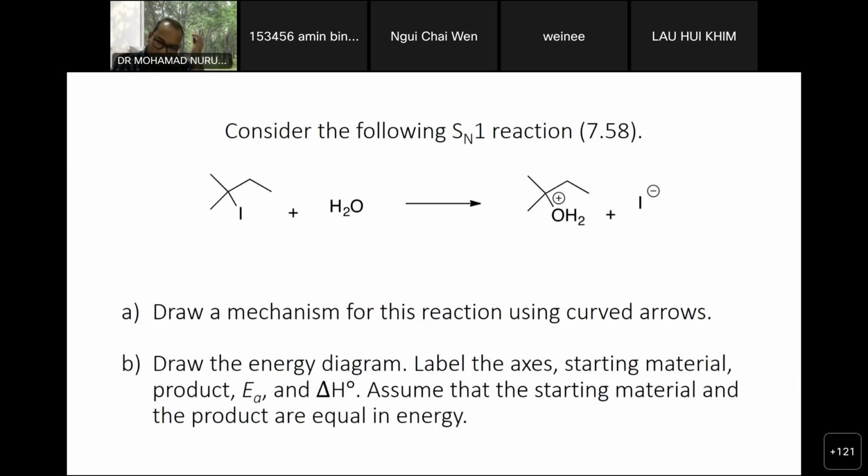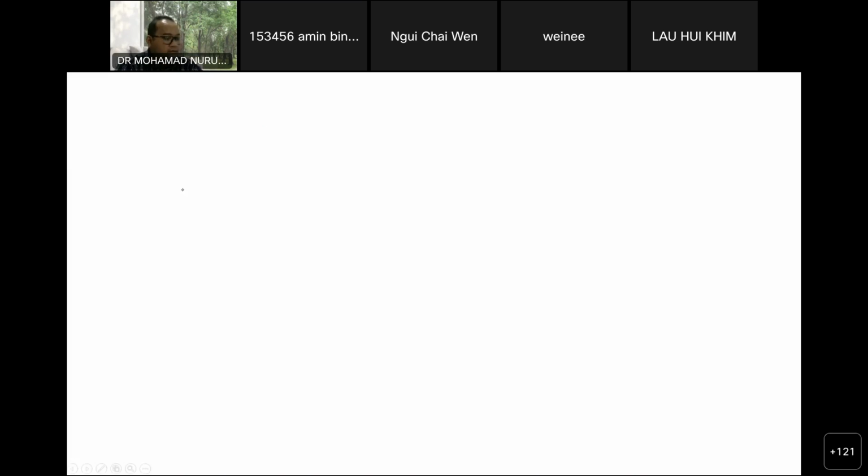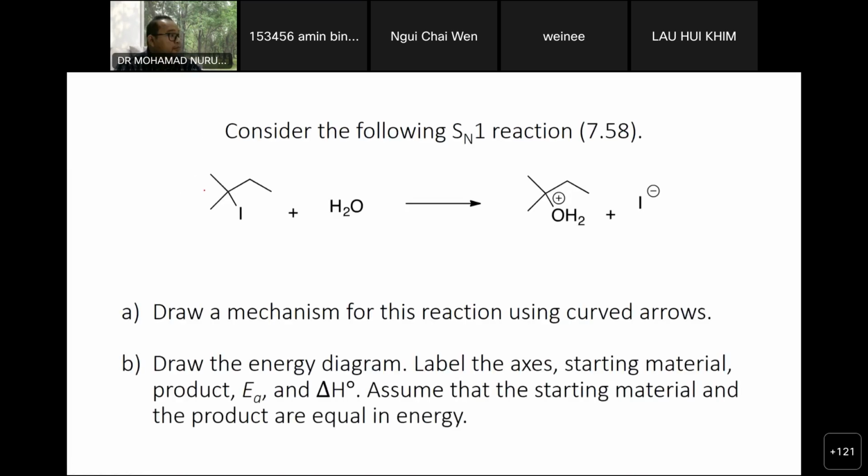For the final exam we do not highlight that it is an SN1 reaction, so you have to determine by yourself whether this one is an SN1 reaction. If I don't put SN1 reaction, I think you understand because it is tertiary.